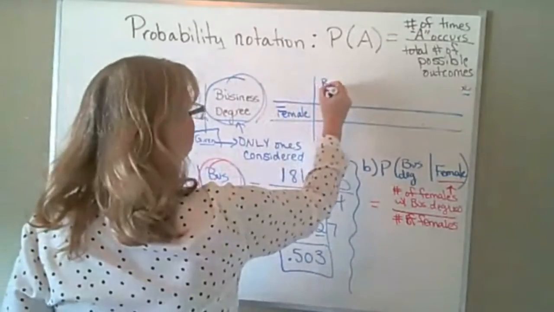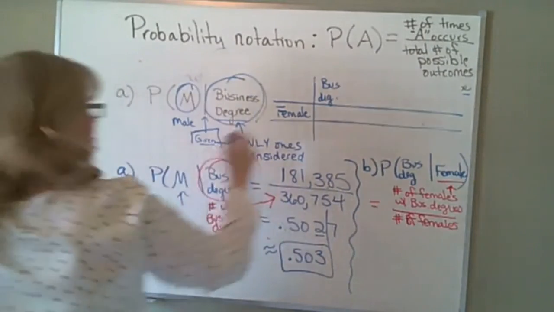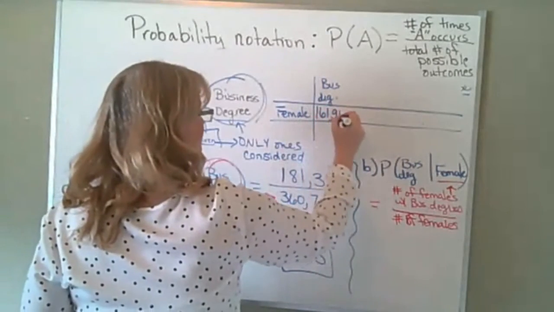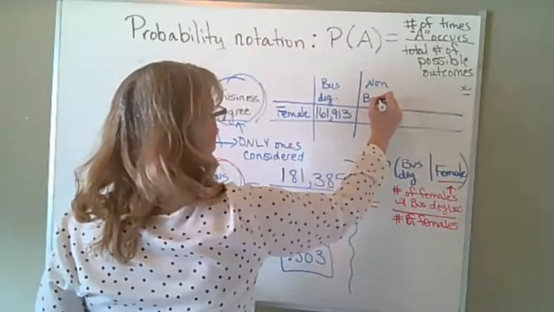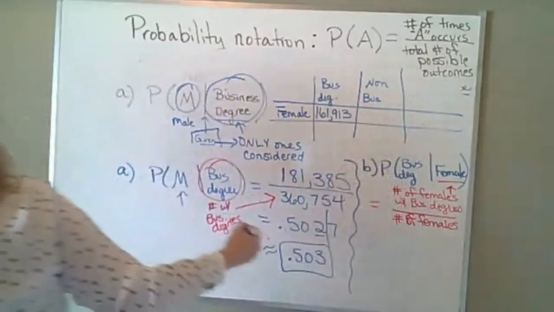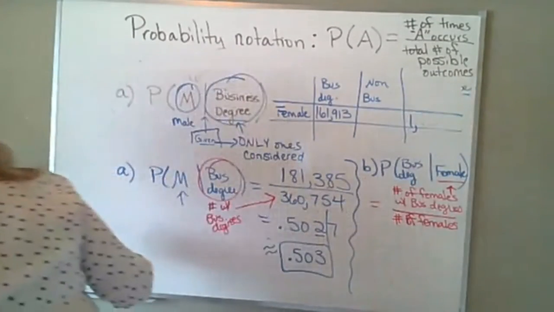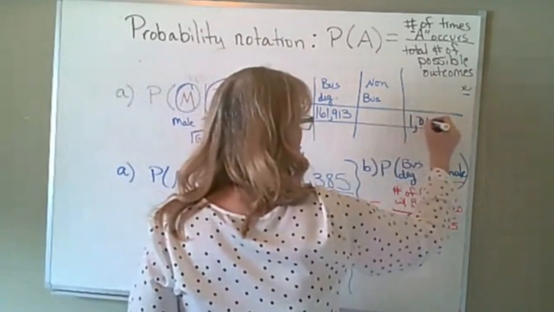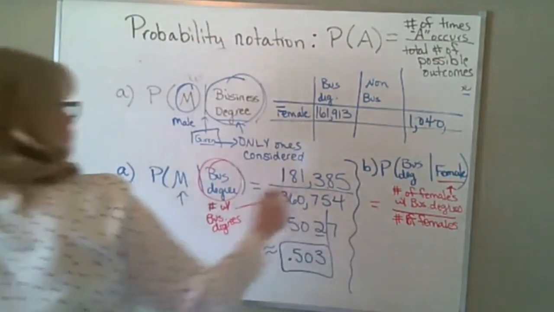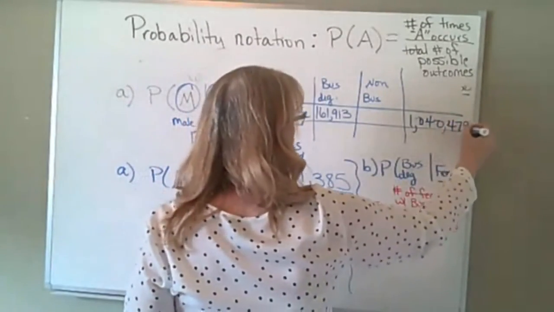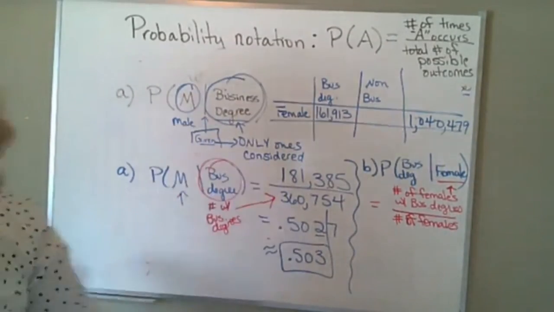And the ones that have business degrees are 161,913, non-business, and then the total females is 1,000,000. And actually, I don't really care what the non-business is, but I could put it there if I wanted to, 878.